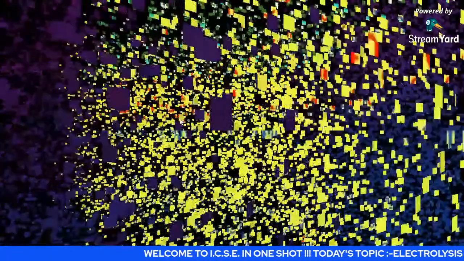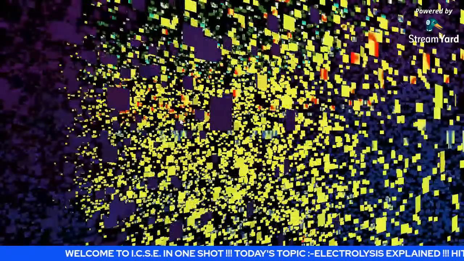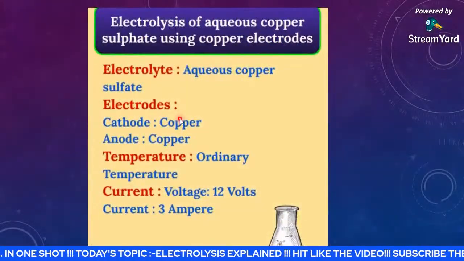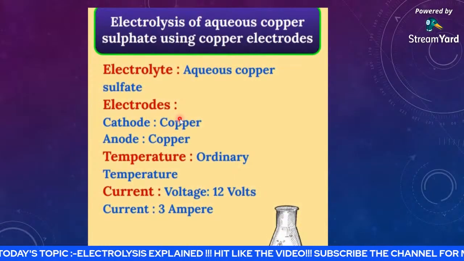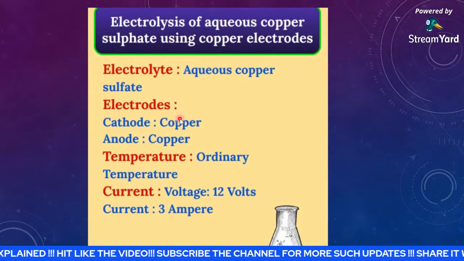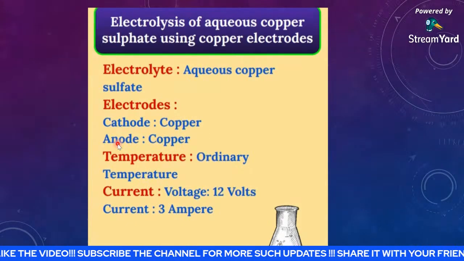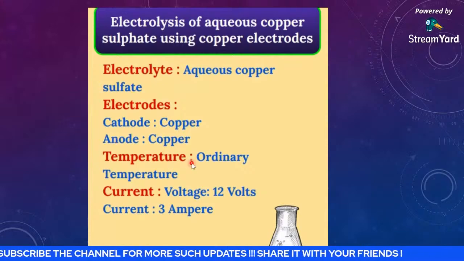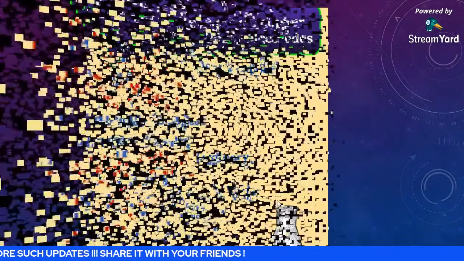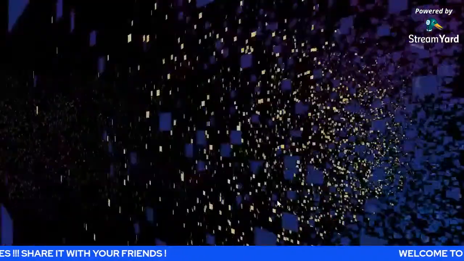Now, electrolysis of aqueous copper sulfate by using copper electrodes. Aqueous copper sulfate is taken as electrolyte, and both electrodes are copper, as anode and cathode respectively. Ordinary temperature, voltage 12 volt, and current 3 amperes.